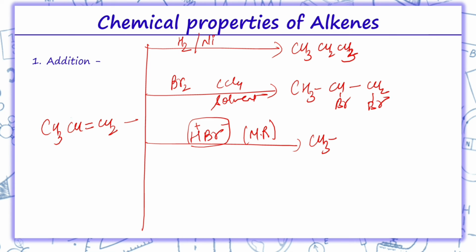Here we can see CH and CH2, these are the two carbons with the double bond. Bromine will attach to the carbon with fewer hydrogens, and to the last carbon there will be the attachment of the hydrogen ion.